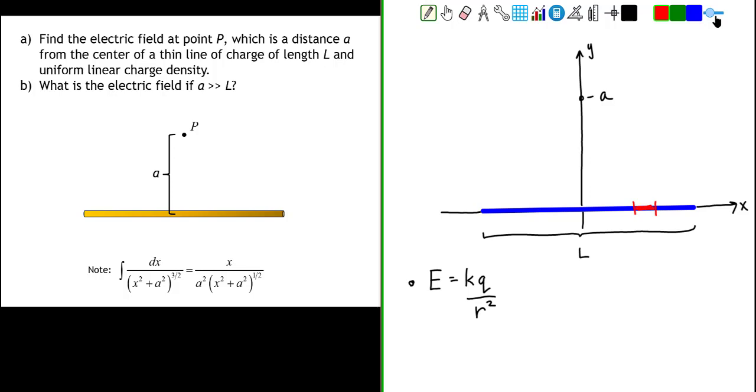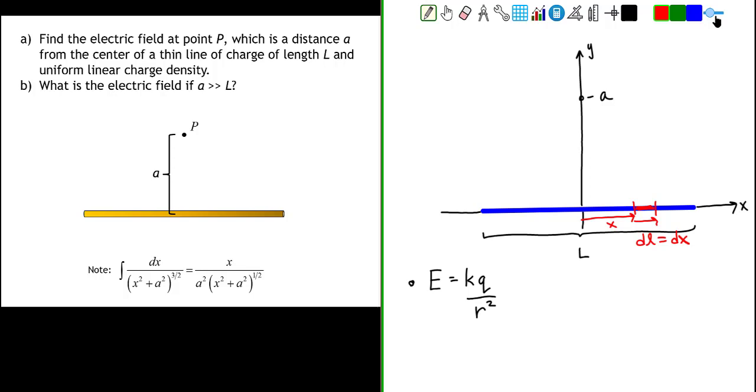Now this piece of charge is going to be at a distance x away from the y-axis. And this piece of charge is going to be a certain length. We will say it's a tiny bit of length along a tiny section of the x-axis. Now, this length differential, or x differential, is infinitesimally short. It is so short, in fact, we could model this tiny representative element of charge as a point charge.